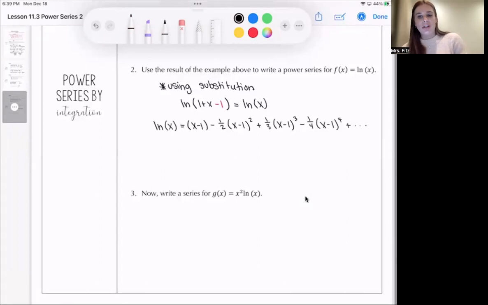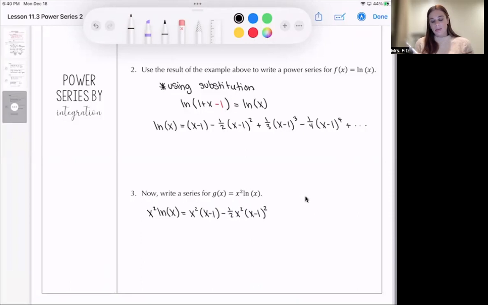Now it wants you to write a series for g of x equals x squared times natural log of x. You just multiply everything by x squared. So it would be x squared times natural log of x equals x squared times x minus 1 minus 1/2 x squared times x minus 1 squared plus 1/3 x squared times x minus 1 cubed minus 1/4 x squared times x minus 1 to the 4th plus dot dot dot.